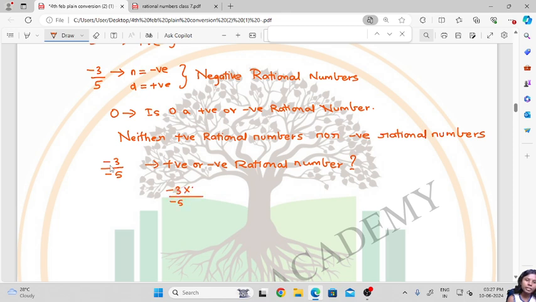If I multiply it by minus 1 and minus 1, this will become positive. So I'll get 3 upon 5. Minus into minus becomes positive. So this is a positive rational number.